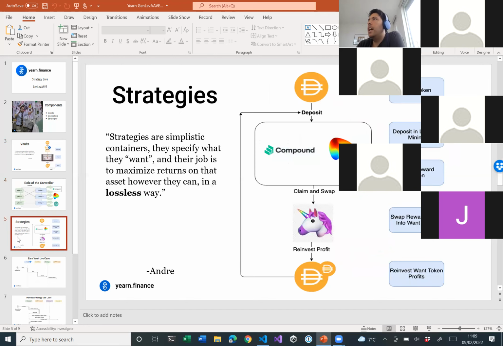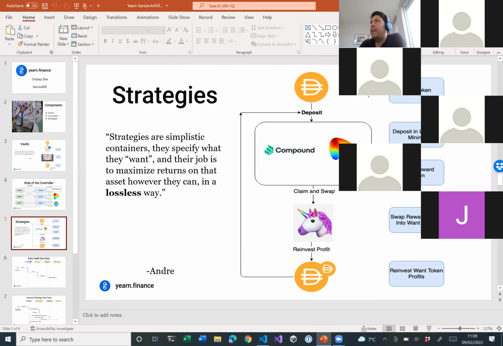So strategies themselves, what are they? They're ways of automating things that you're probably doing anyway on the blockchain, but probably manually. Here's a really simple example. You have DAI, and that's what they call the want token.